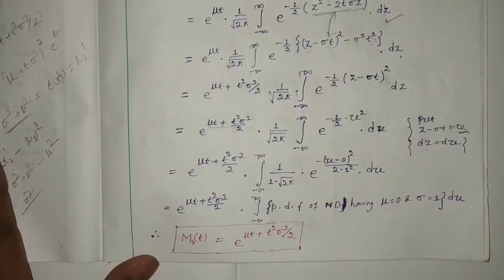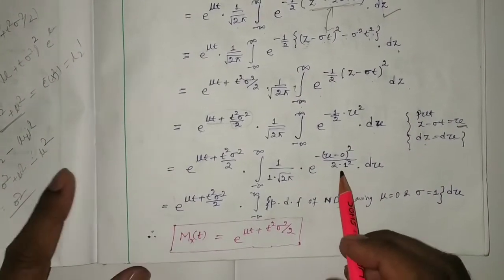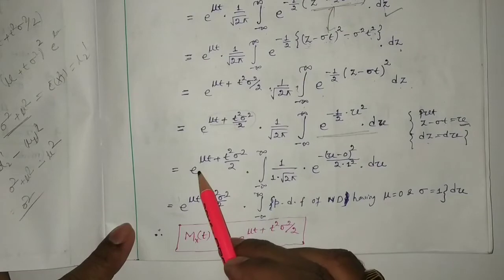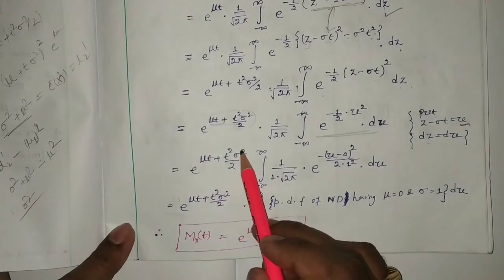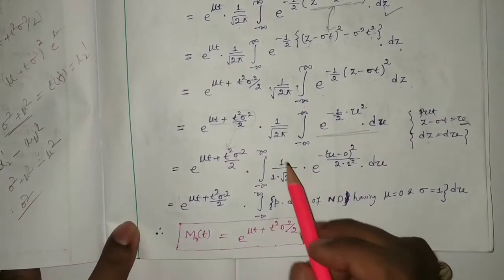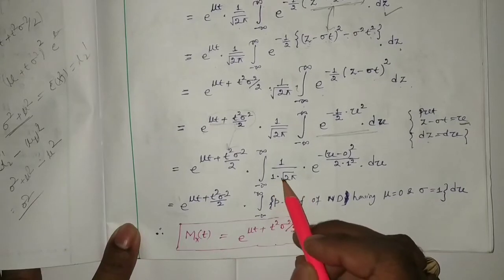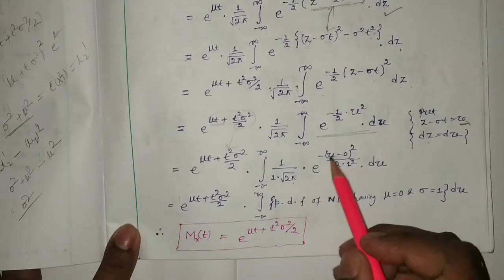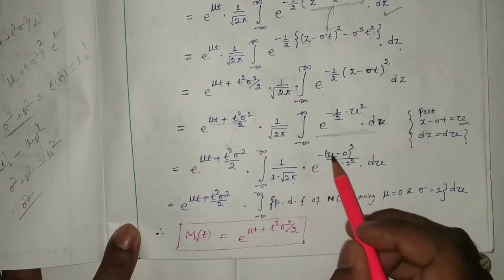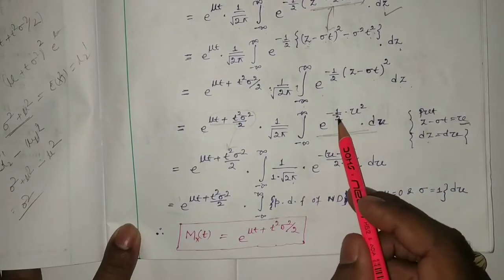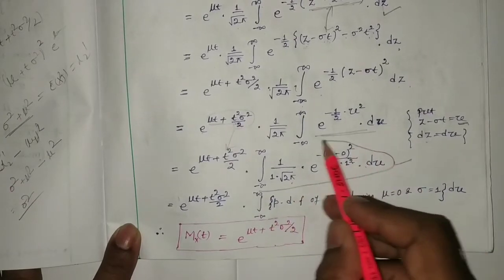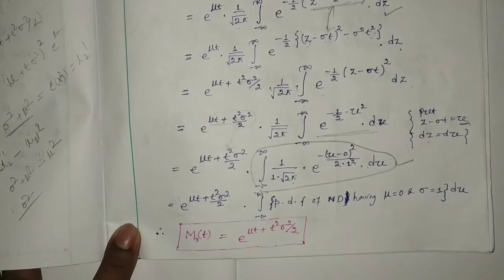Now in which way can we write this expression: e to the power mu t plus t square sigma square by 2, integral from minus infinity to plus infinity, 1 by 1 into root over 2 pi into e to the power minus (u minus 0) whole square divided by 2 into 1 square, into du.